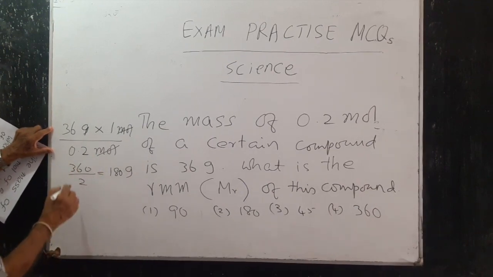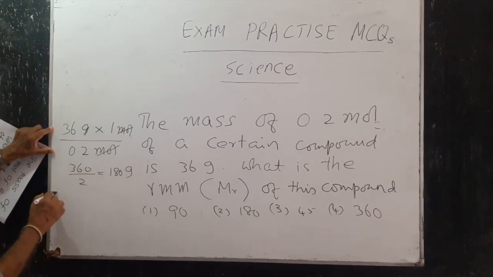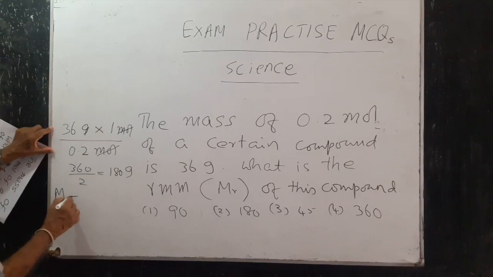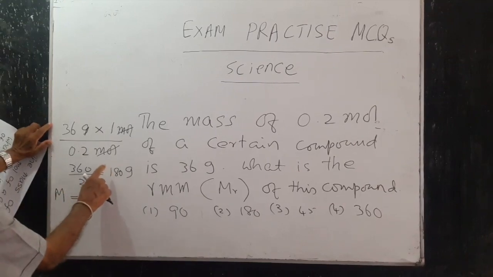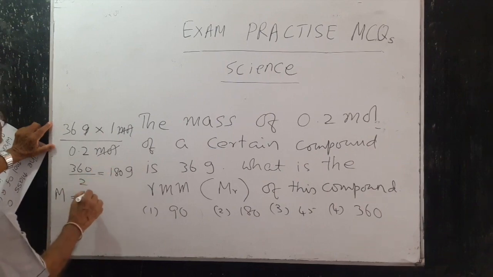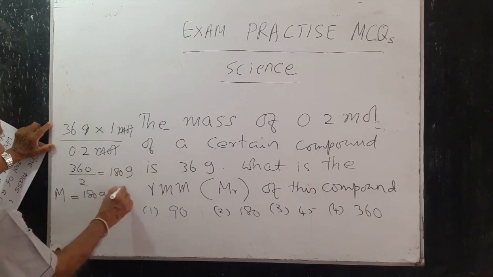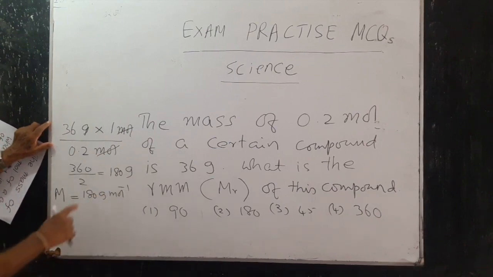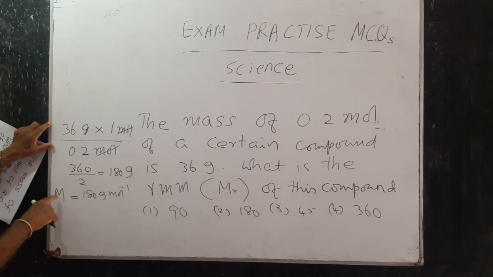Now, therefore, this is called the molar mass of this compound, 180 grams per mole. Now, capital M denotes the molar mass.